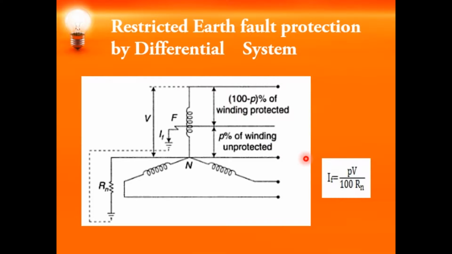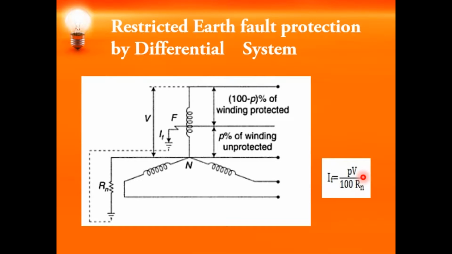In that case, the ground fault current IF will be given by P into V by 100 into Rn, where Rn is the resistance connected from the neutral to ground, P is the percentage of winding that is unprotected, and V is the line to neutral voltage.